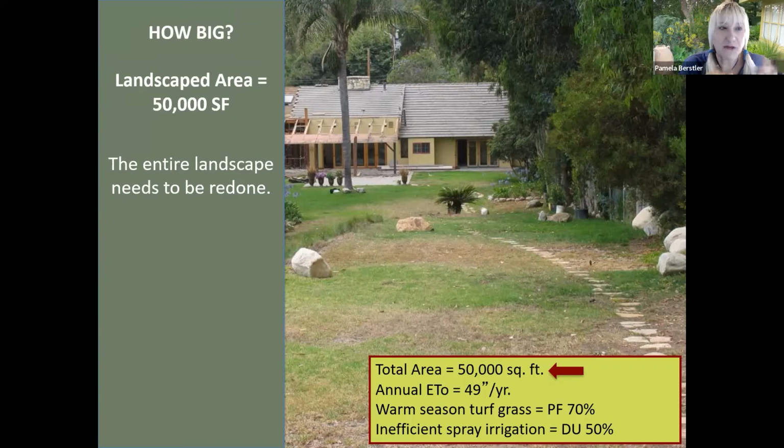Let's just be really comfortable with landscape water requirement. So how big is this area? Well, we're told in the exercise that it's a 50,000 square foot area, and the entire landscape needs to be redone. So this is an interesting little differentiation.